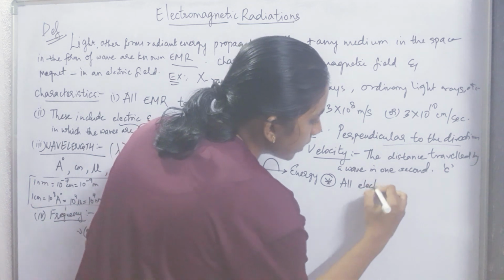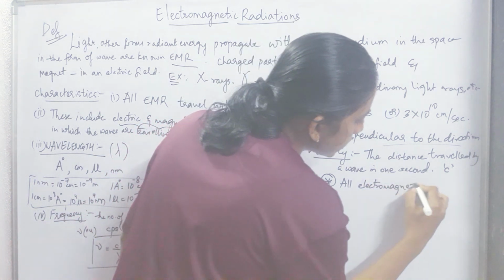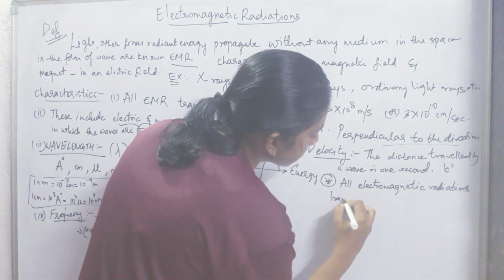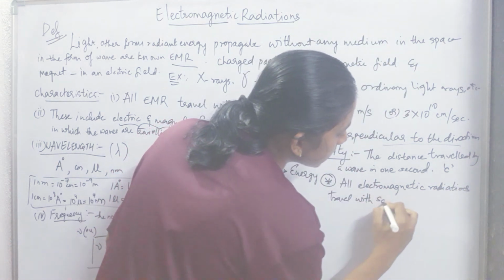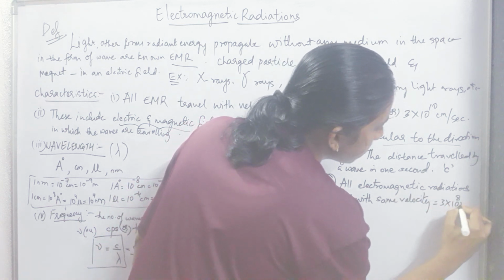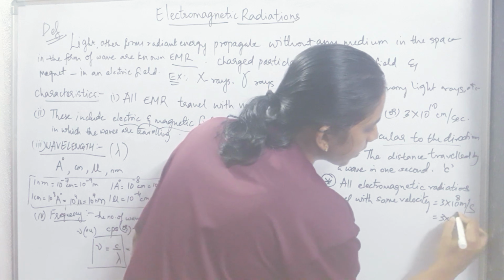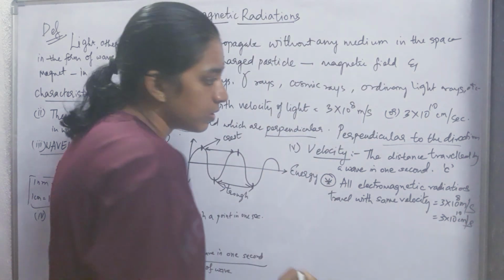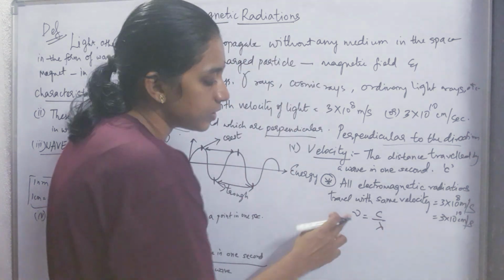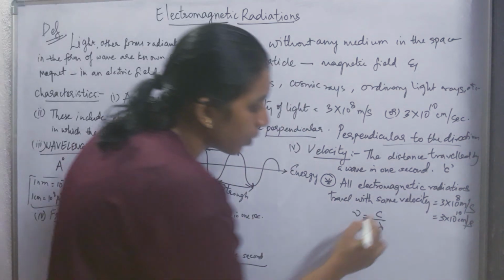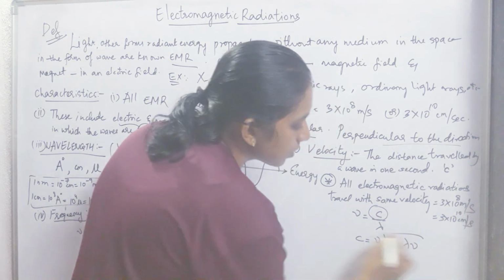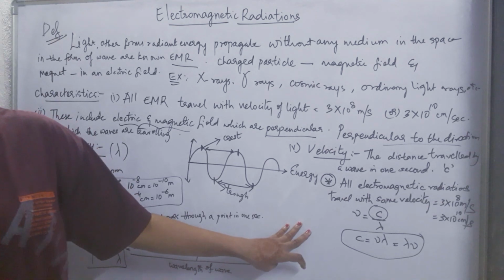All electromagnetic radiation travel with same velocity, which is equal to 3 into 10 power 8 meters per second or 3 into 10 power 10 centimeters per second. So we know that nu is equal to c by lambda. What is nu here? Frequency. Then what about velocity? c is equal to nu lambda or lambda nu. Okay. So this is about velocity.